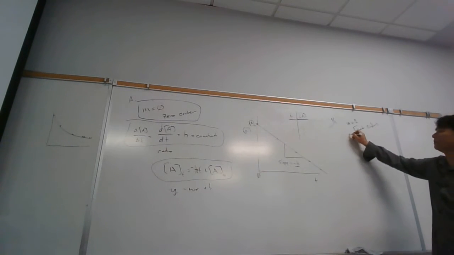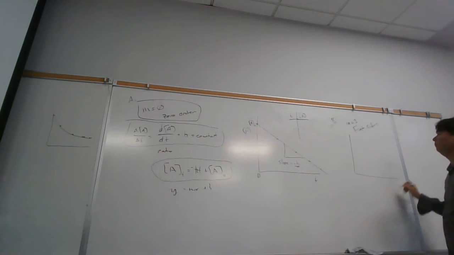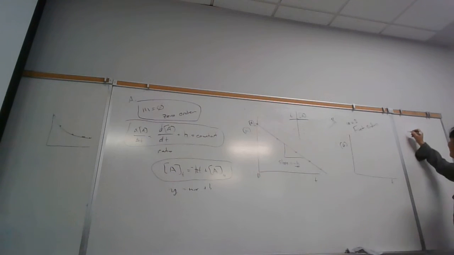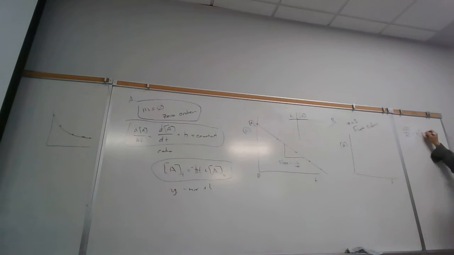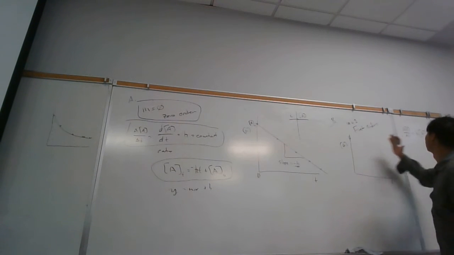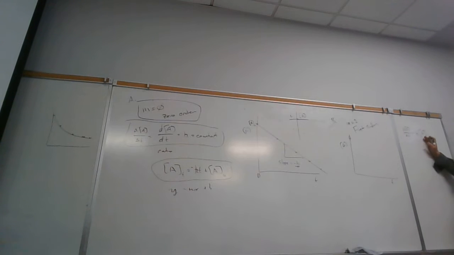So take a look at the rate law for this. The rate law is delta A over delta t is equal to k times A to the first power. So if I start off here, I'm going to have a slope equal to the initial concentration times k.